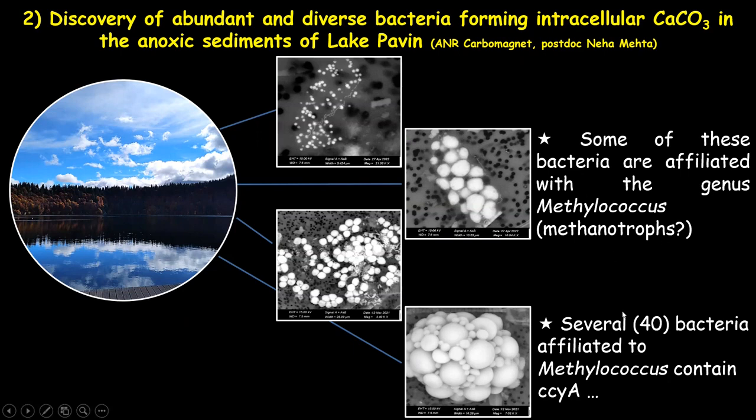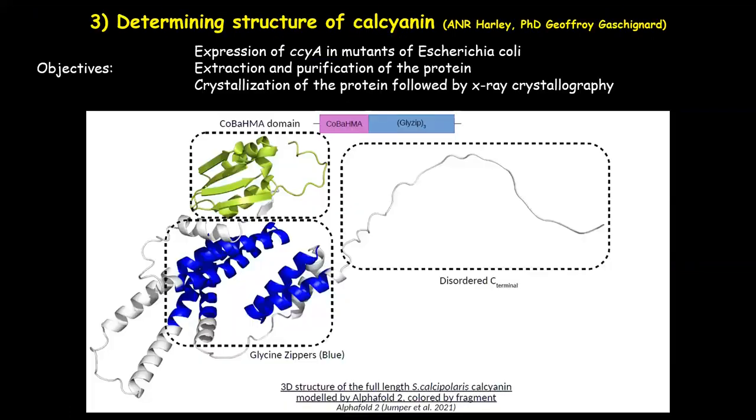And the funny thing is that Maxime, by running his tool, showed that numerous bacteria affiliated to Methylococcus contain CCYA, the calcyanine gene. Okay, and I can assure you that genera in bacteria, there are many. So it looks like not a coincidental thing.